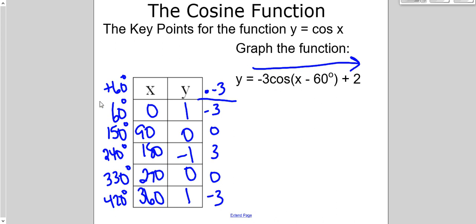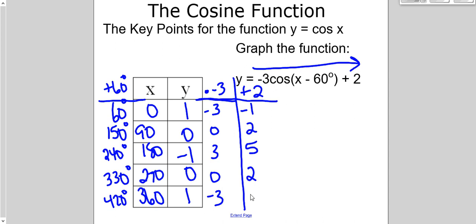And then lastly, we have this +2. So the +2 is being added to the whole function, which means I'm going to go back to my y values, and I want to add 2. So -3 plus 2 is going to give me -1. 0 plus 2 is 2. 3 plus 2 is 5. 0 plus 2 is 2.